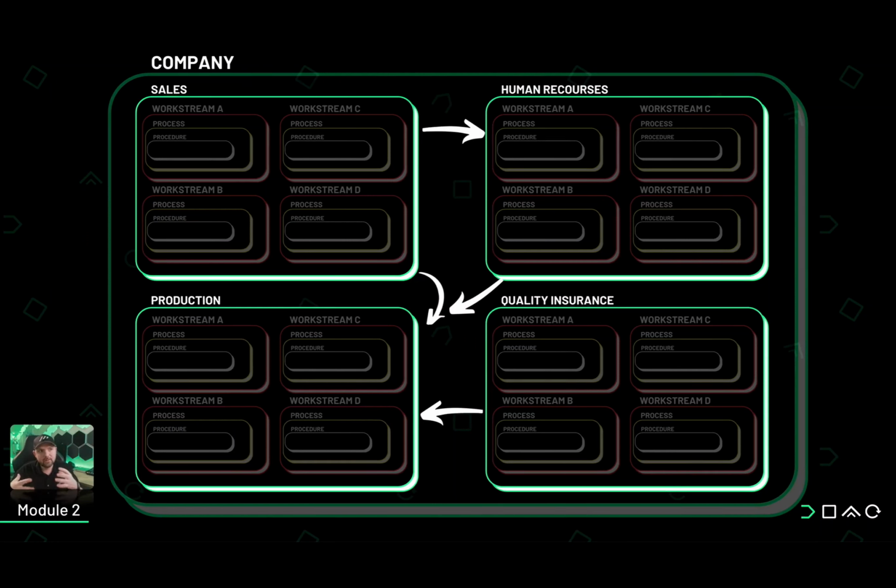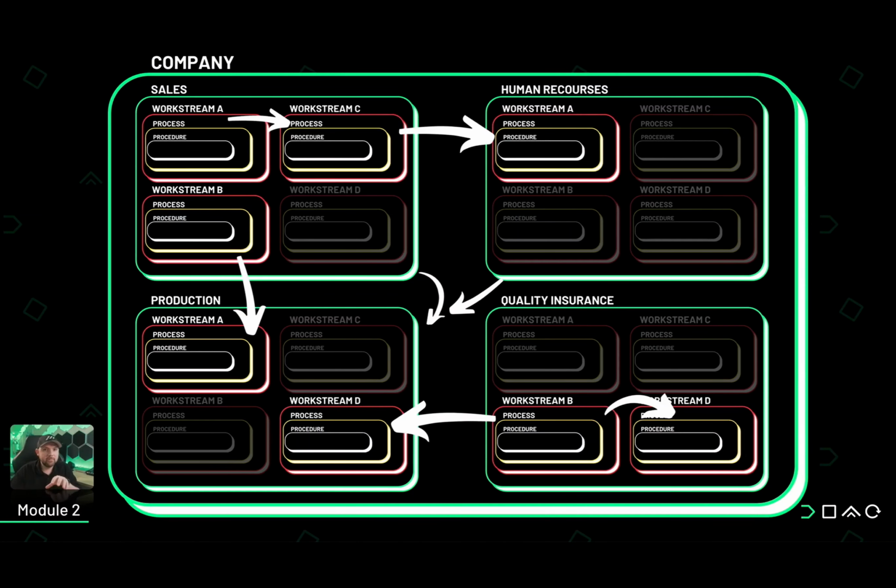It's much easier to define then what system works with what system. So what department talks to what department? So sales, for example, talks to production and human resources. Do we have the resources? How much production line? So they can create a quote and so on. And then we can go even into more detail and connect the different work streams that are connected until we finish a specific project.